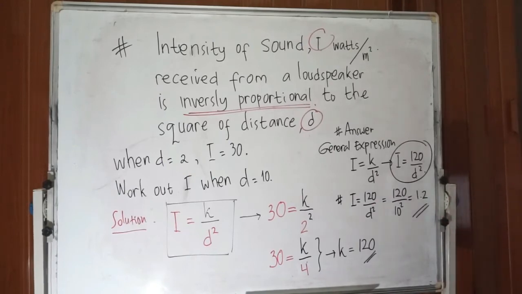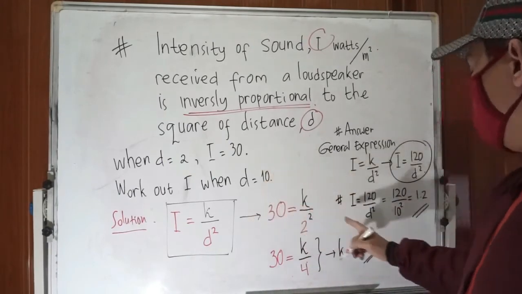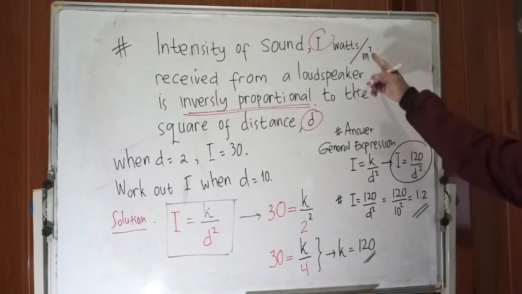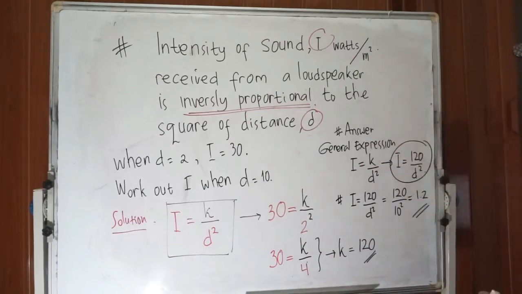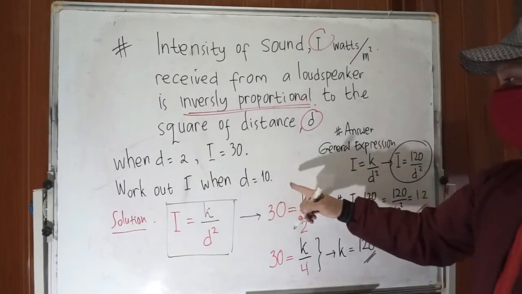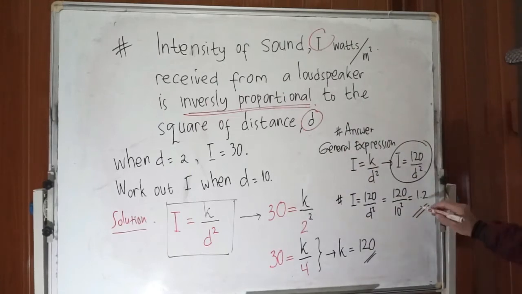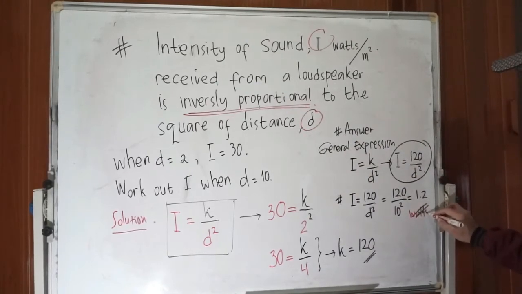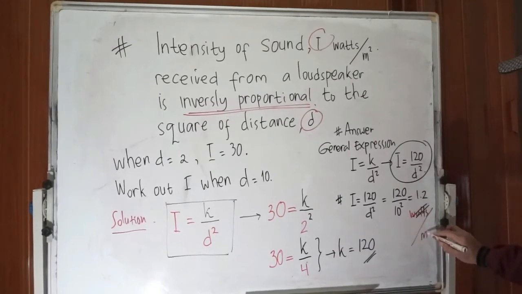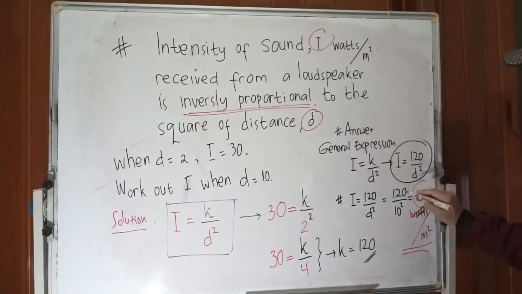So the intensity when d equals 10 is 1.2 watts per meter squared. Once again, when d equals 10, the intensity is 1.2 watts per meter squared. So this is the answer. Is it clear, friends?